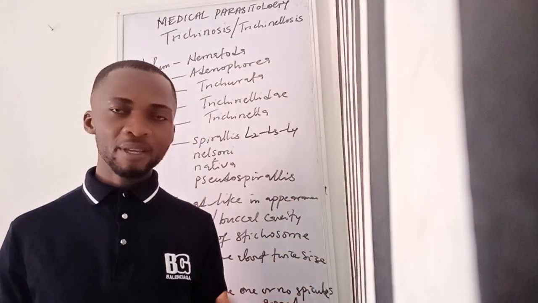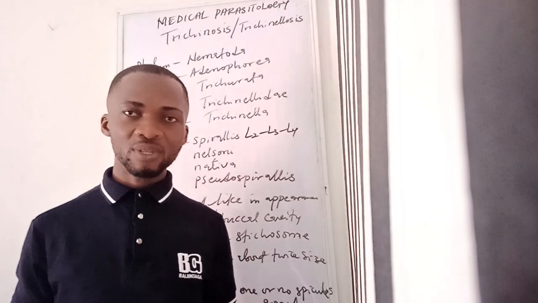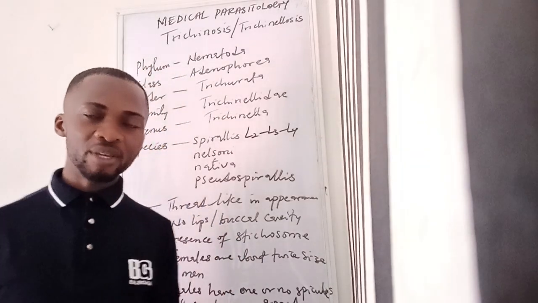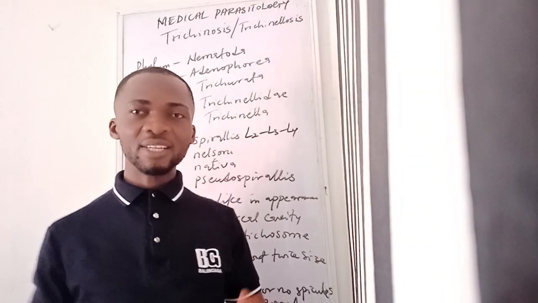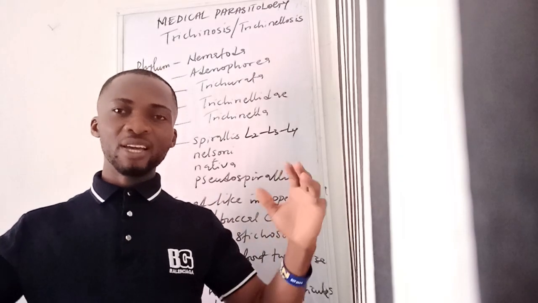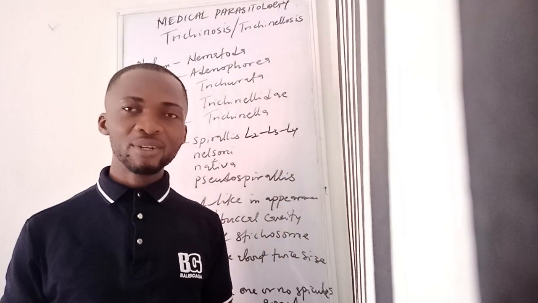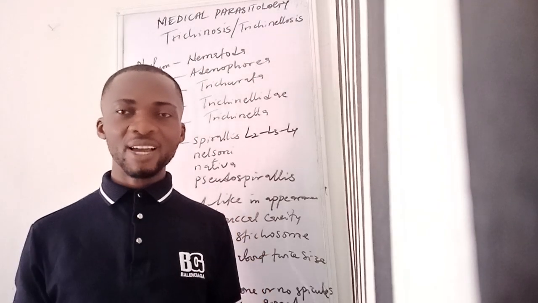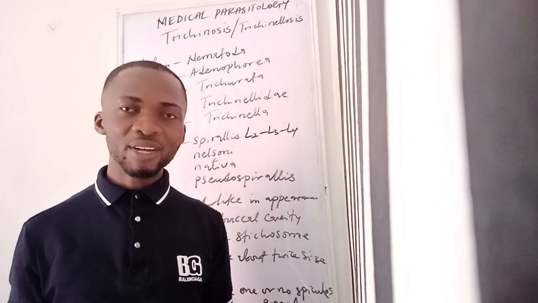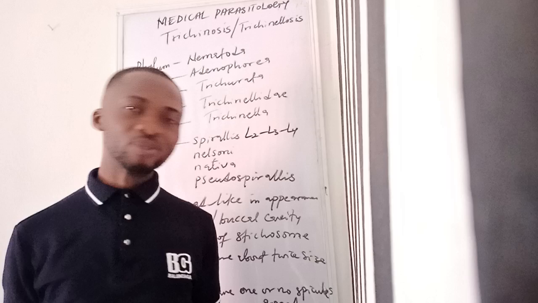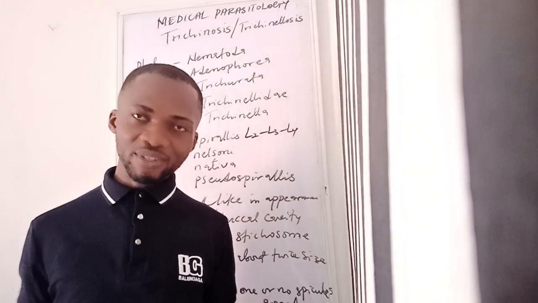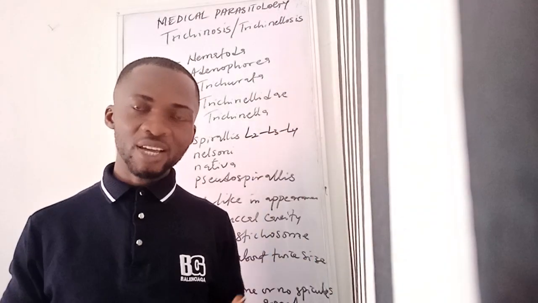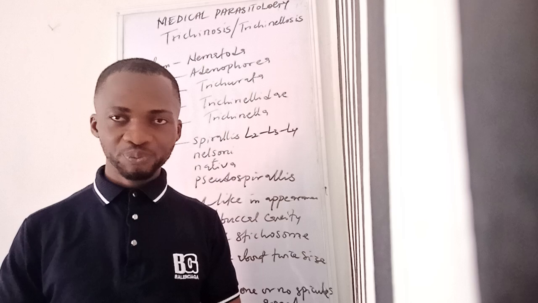But finally, it settles within the muscle cells, and that is where it remains until another individual takes such an animal where this parasite is hiding, then the cycle continues. So this is the life cycle of Trichinella spiralis.